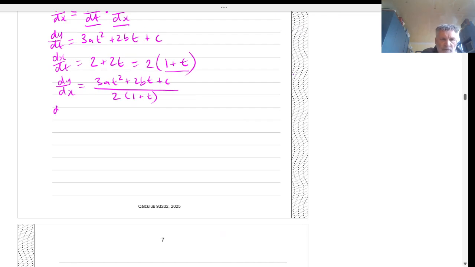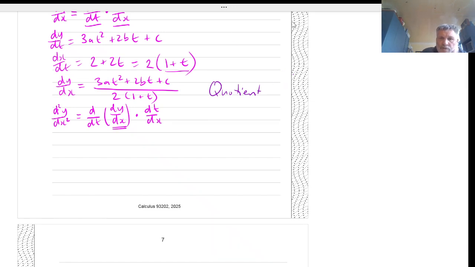Now, to find a second derivative, when we have parametric equations, the process is to differentiate the first derivative with respect to t, and then multiply again by this dt by dx. Differentiating dy by dx here, that's differentiating this expression, which is a quotient, so we've got to use the quotient rule.